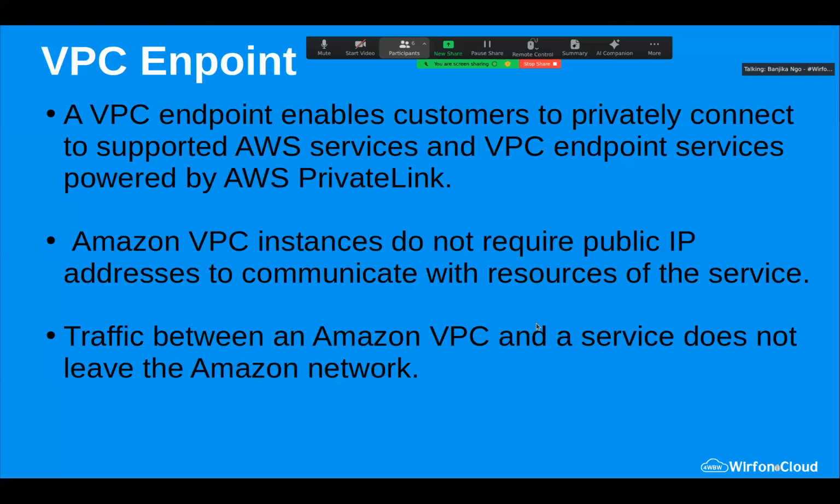VPC endpoints enable customers to privately connect to AWS services that are sitting in the AWS public zone. And when you are using VPC endpoints, your instances no longer require public IP addresses to reach those resources. And the traffic between your VPC and the service doesn't necessarily have to leave the AWS network.